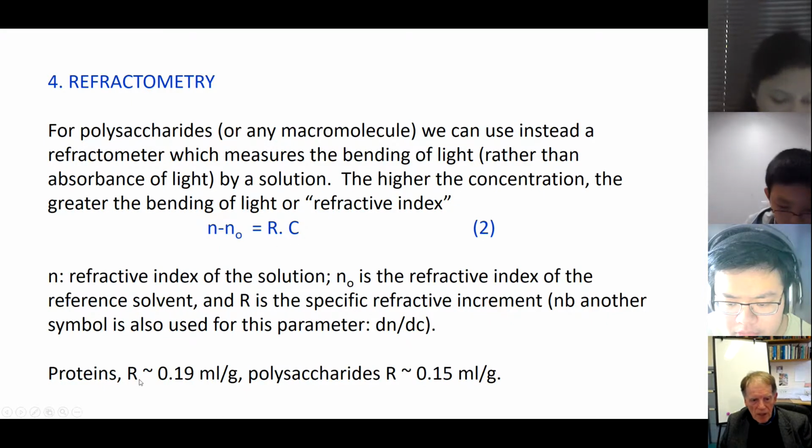For proteins, generally R is about 0.19 mils per gram. For polysaccharides, it's about 0.15 mils per gram.